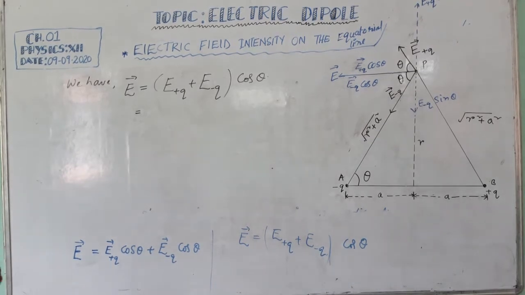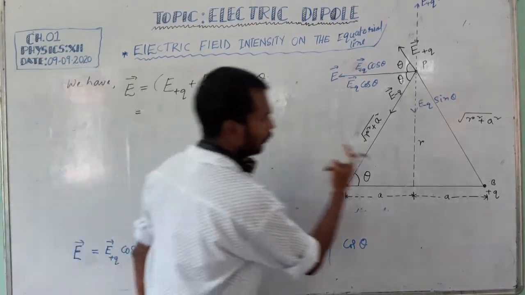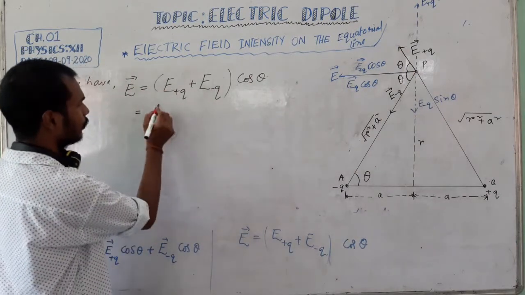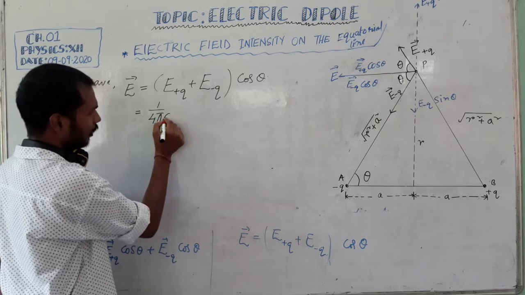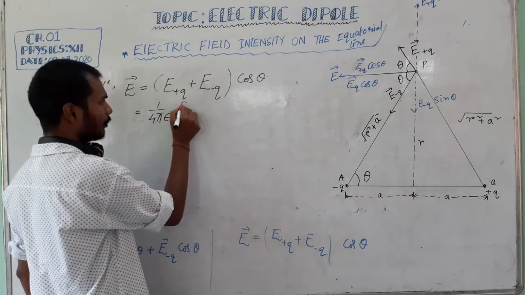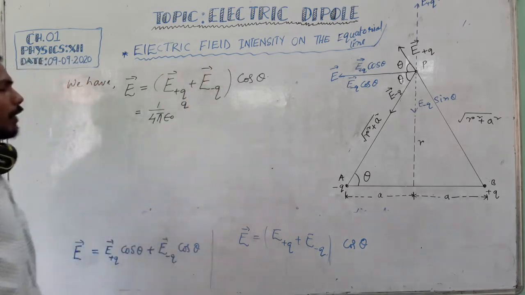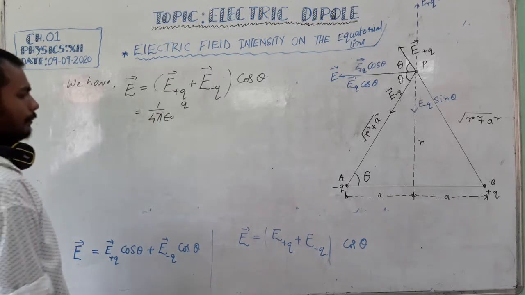Now see, what is the value of E plus Q from the diagram? The electric field due to plus Q at point P is equal to 1 by 4 pi epsilon naught times the charge. For plus Q we will take only the magnitude Q, because we are taking the vector sum, so we only use the magnitude of the vector.